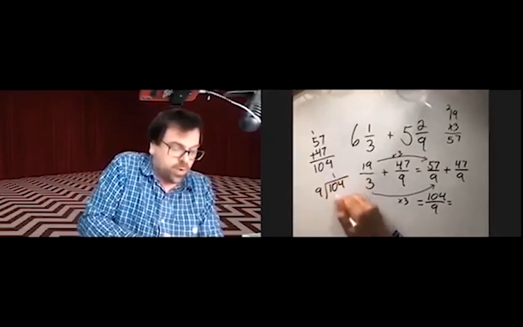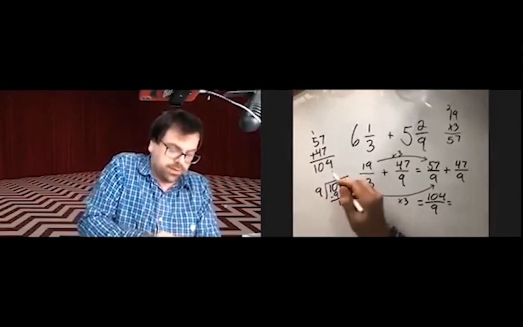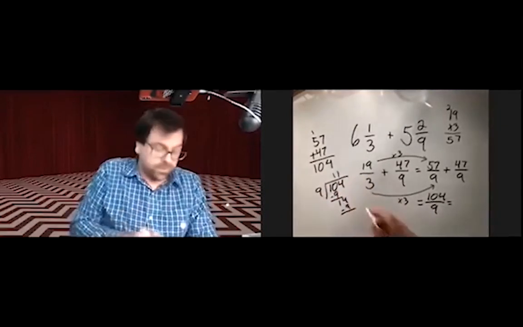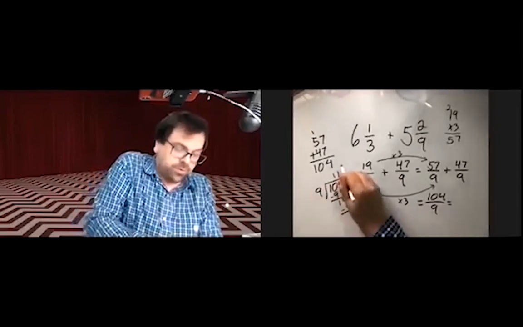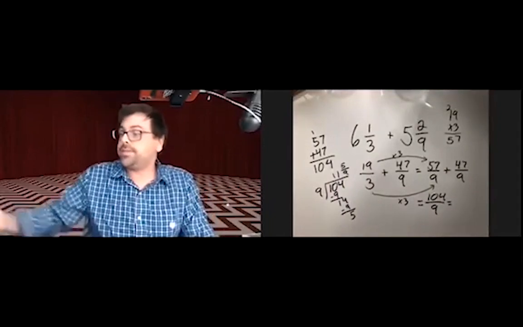9 goes into 10 once. 9 goes into 14 once. There would be a remainder of 5, which we put over 9. 11 5/9.